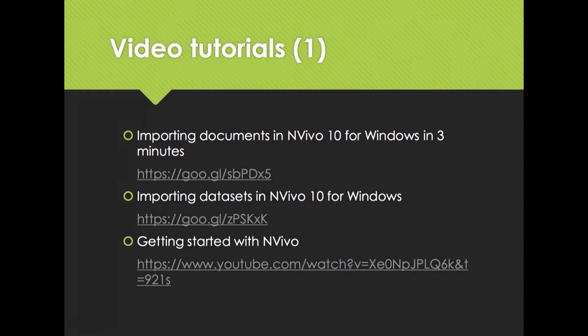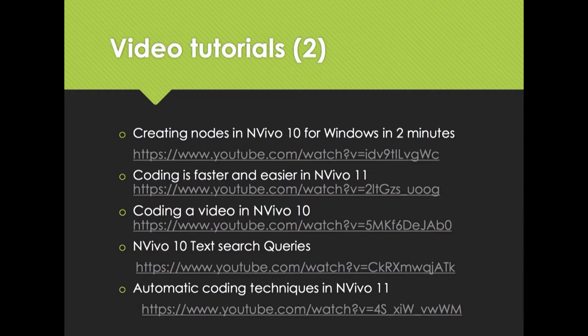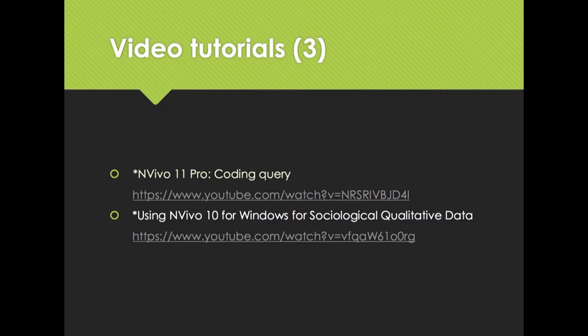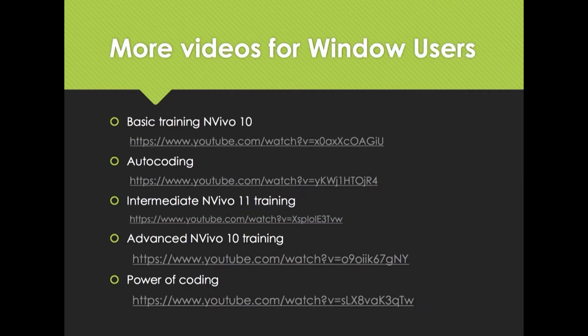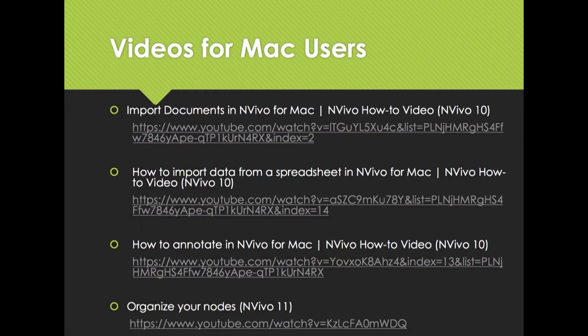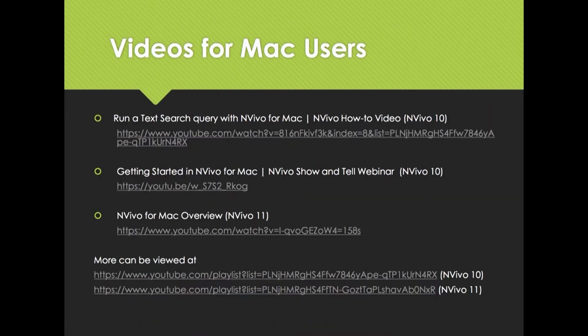I think we are coming closer to the end of the session. There are many videos on YouTube. I share all these resources with you. You don't need to copy because all these links are available, from how to import the data to step-by-step guides. At the moment, you will see I'm using NVivo 10, even though your software is NVivo 11.